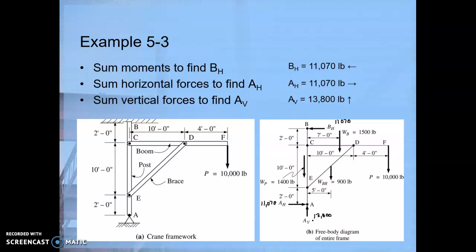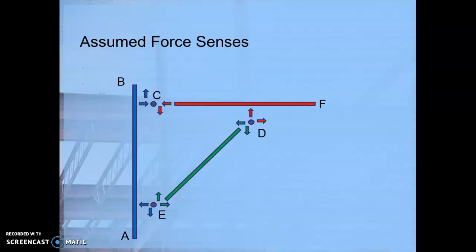So once we have those reaction forces found, we can now begin the frame analysis. And the way we do that is by looking at individual frame members. So this slide here is maybe a little unnecessary.